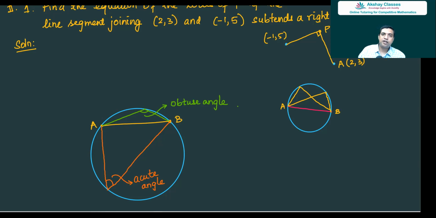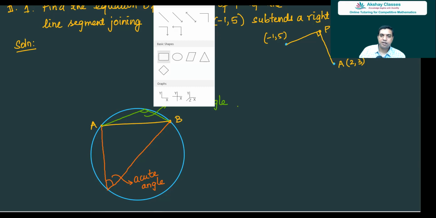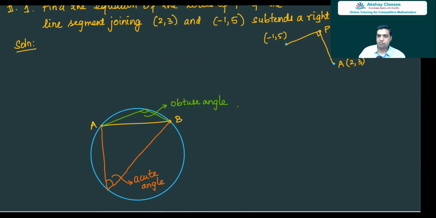Now what I do, I'll erase this one. That will make sense. Now, I will keep moving this AB towards the center. So this angle will become smaller and smaller, and this angle will become larger and larger. Correct?